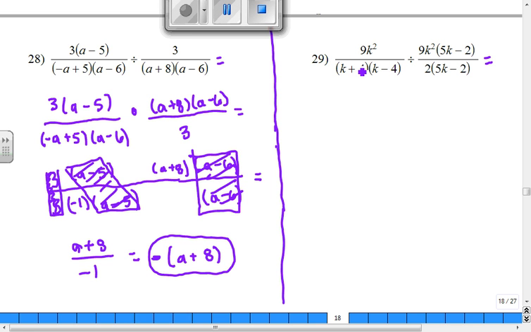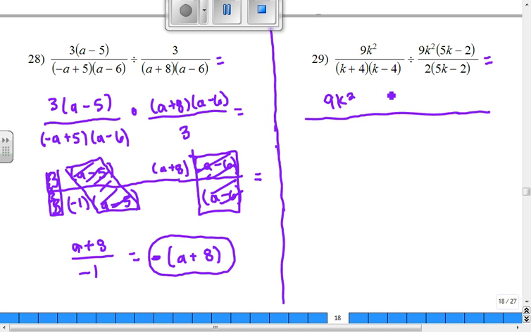Okay. On problem 29, once again, we have division. So, with division, we flip our second fraction to make it multiplication. So we have 9k squared. We multiply straight across, so I'm just going to make this one big fraction.